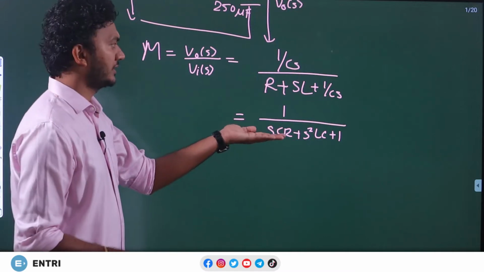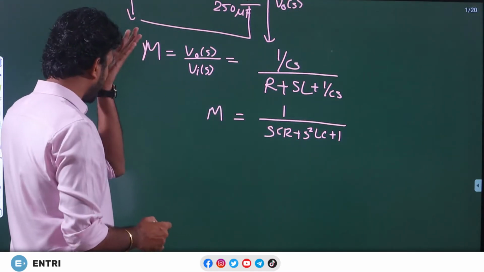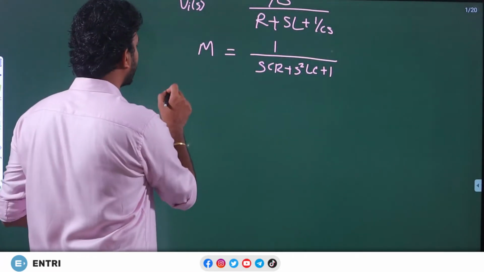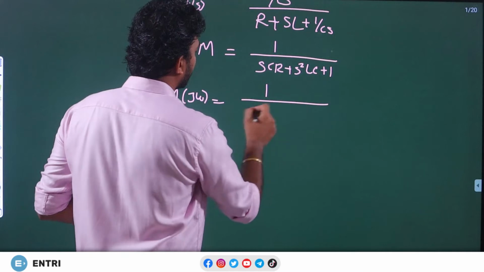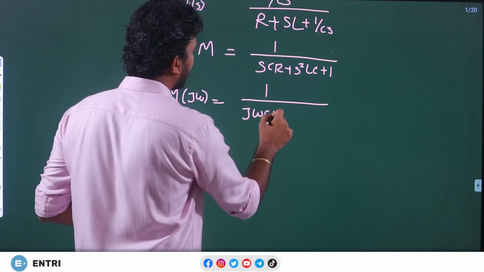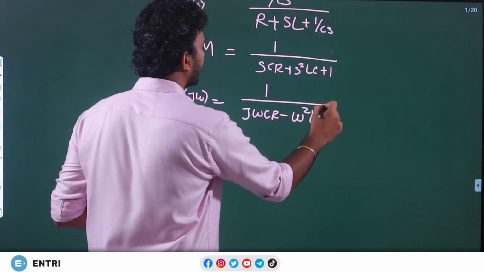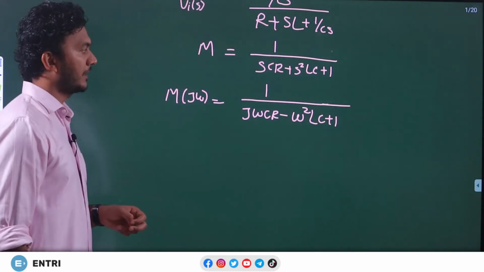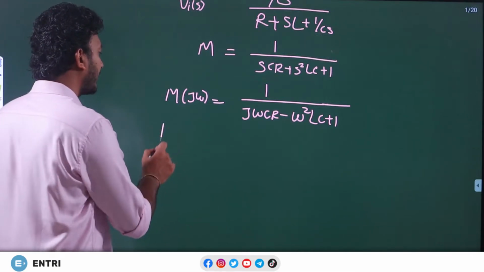We already know that, and this is my M of S. Now, what is my M of j omega? M of j omega is equal to 1 by j omega C R minus omega square L C plus 1, if you put S equal to j omega. That is our frequency response, right. Now, what is the magnitude?